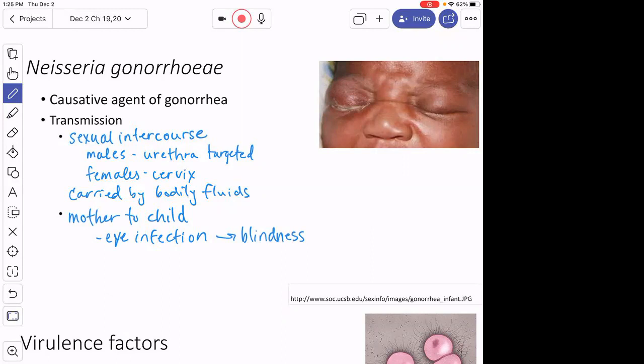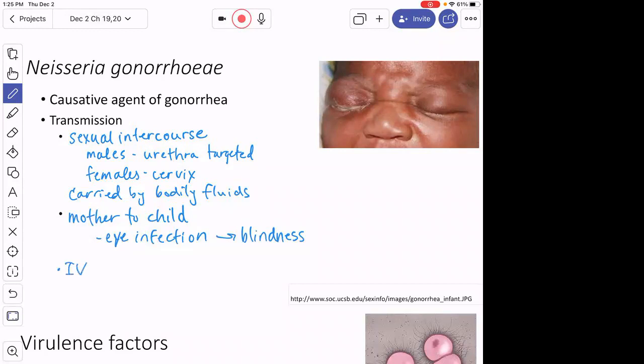So for that reason, all babies, whenever they're born, are treated with antibiotic eye drops. They used to use silver nitrate, that was a little more irritating. Antibiotics, I don't remember which one they use, is a little bit less irritating. They treat every baby that's born because oftentimes either women don't know that they're infected with gonorrhea or they don't admit that they are. So they just treat everybody.